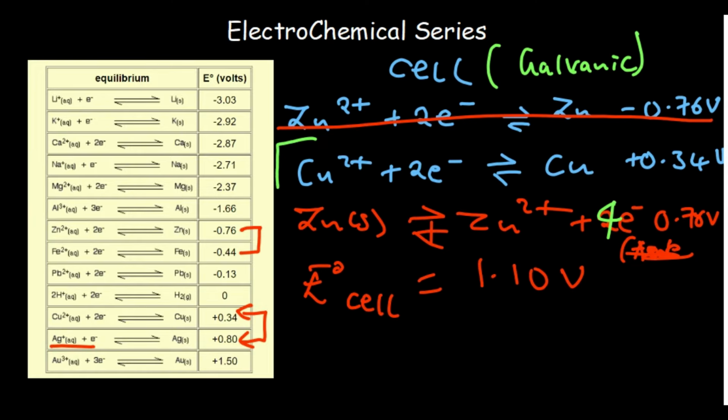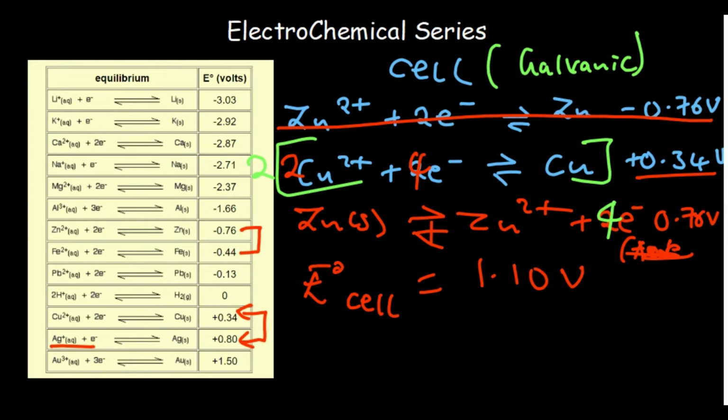So that would require us to multiply the entire equation by 2. Now, one thing that I want you to understand is that even if you multiply the entire equation by 2, or any equation that represents a reduction potential, after you multiply, the value of the reduction potential does not change.